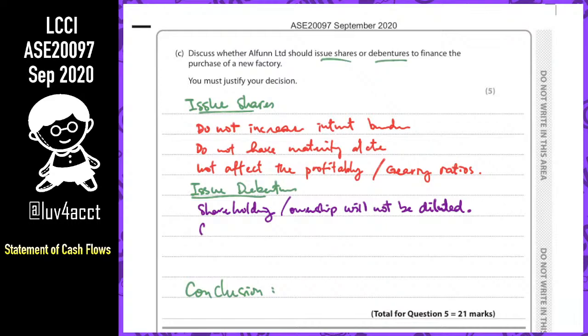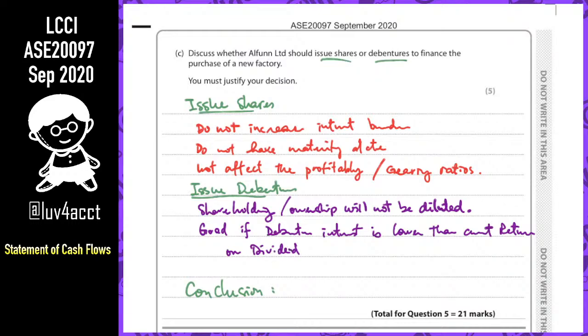It would also be good if the debenture interest is lower than the current return on dividend. If you are receiving a dividend rate of maybe 12% and you can borrow for 8%, it is always good because the cost of capital will be lower.